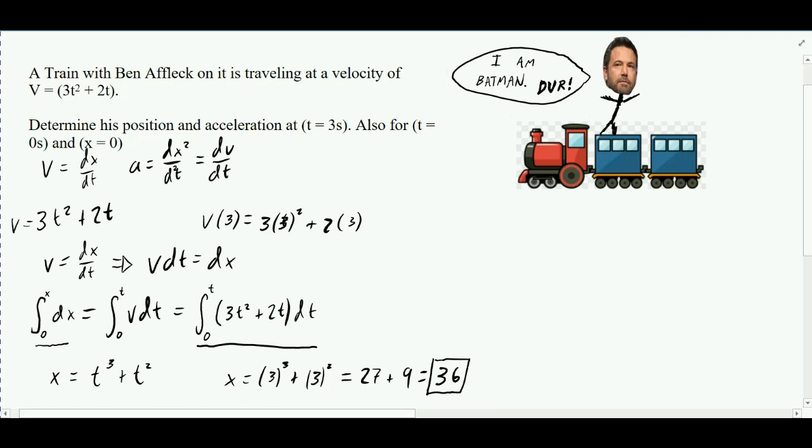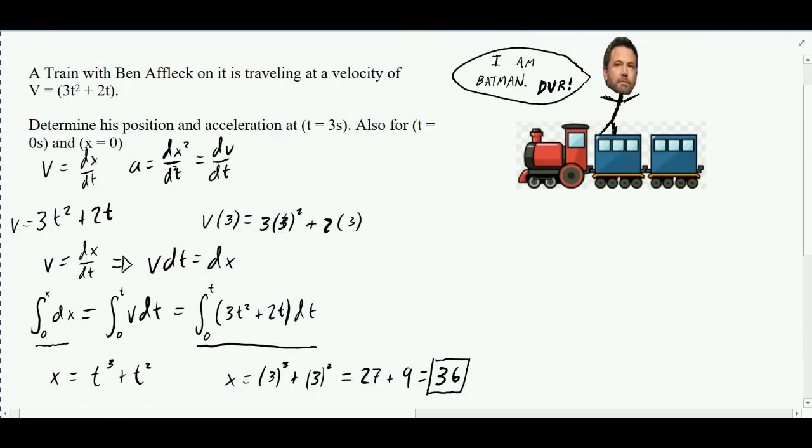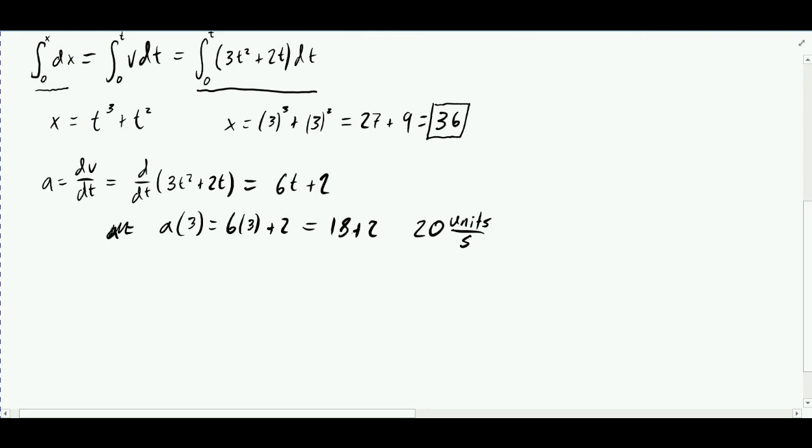Also, solve it for t equals 0, or position equals 0. So at t equals 0, it will be 0. Our equation for position was x equals t cubed plus t squared. If we put a 0 in there, x will equal 0.